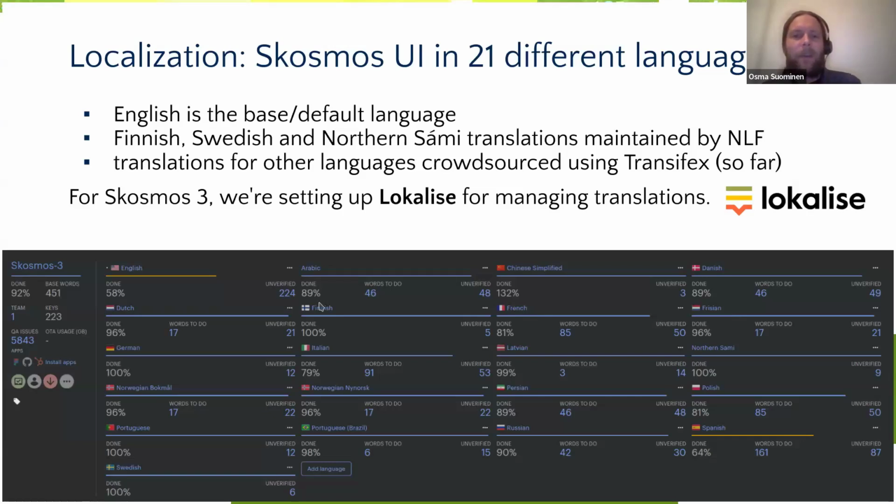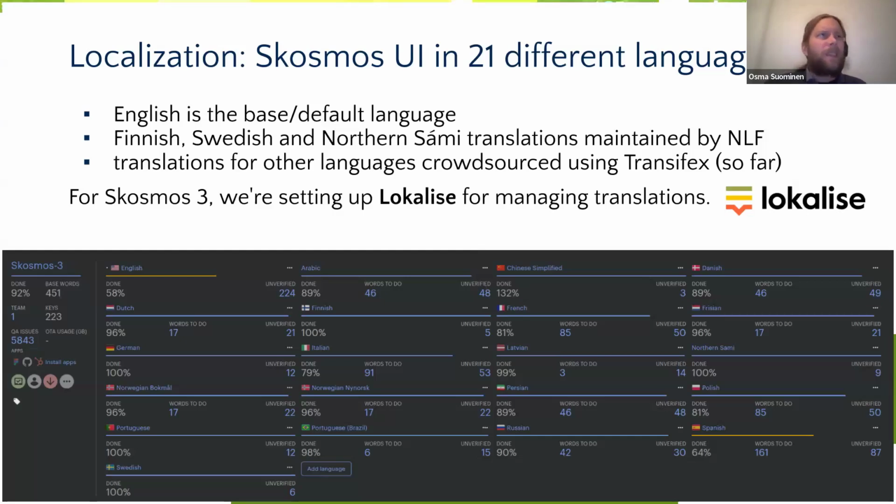You can see here an overview of the languages and how complete the translations are. Some of them are lagging a bit behind. And then there's some that are a bit mystical, like the Chinese simplified translation that's apparently 132% complete, but I wouldn't trust that number. Anyway, for Skosmos 3, we are switching.